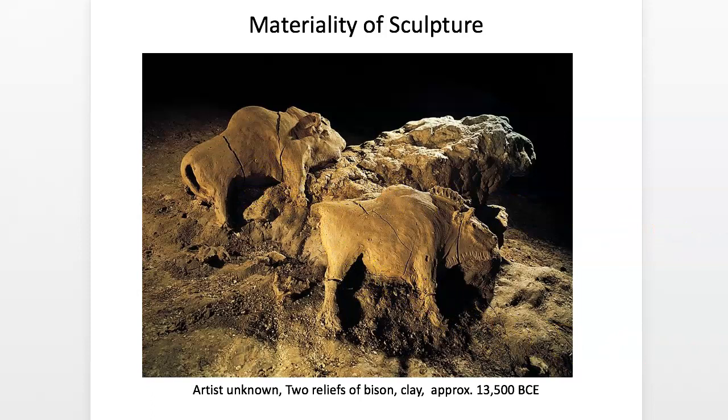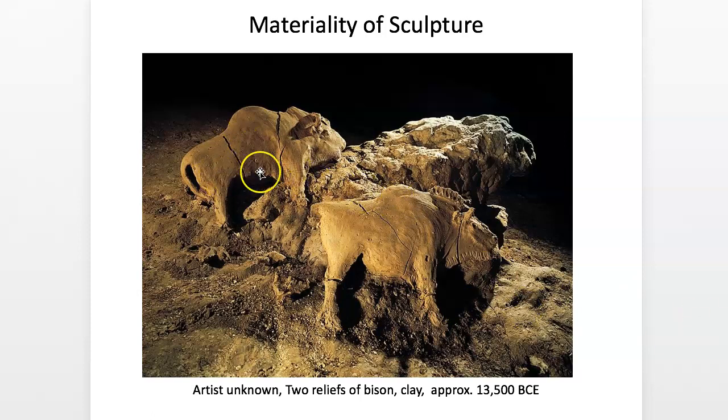But it's got a lot of depth to it. So this is a cave in the French Pyrenees, and it contained a lot of art, including rock engravings, cave paintings, and things. And this is one of the more sublime and larger sculptures from the Paleolithic era, made by hand with simple tools like a spatula.